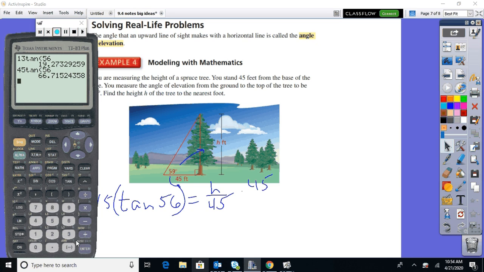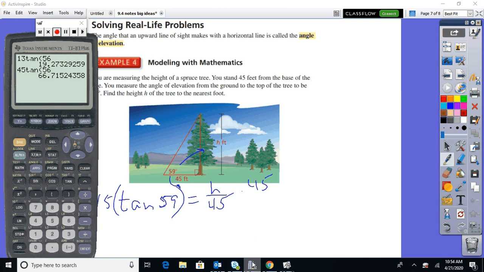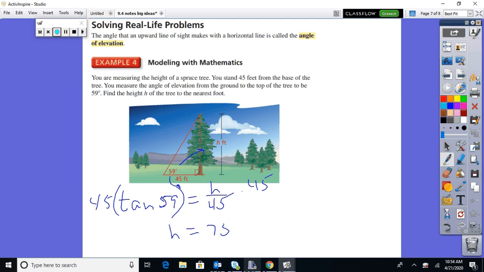I put 56 in there. Threw me off a little bit. Thank you if you caught that sitting at home. You're like, stop, back it up. 45, tan, 59. That's better. And to the nearest foot, h is about 75.